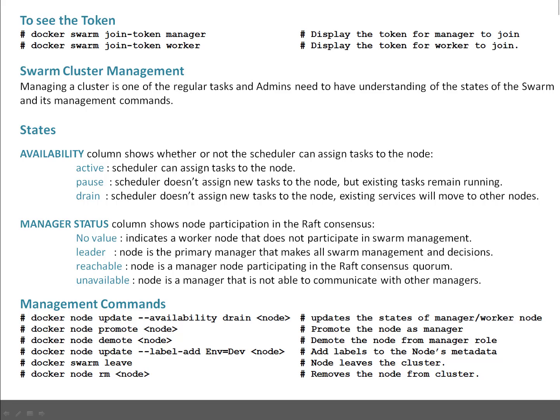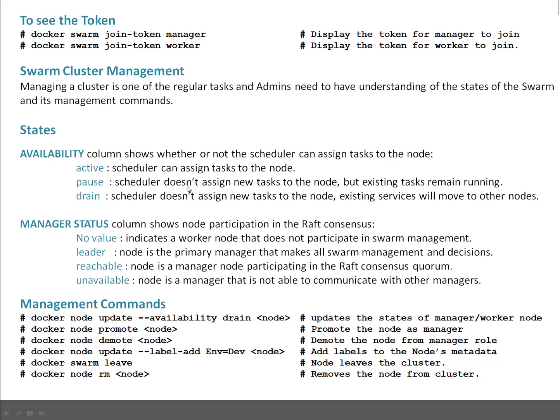So how can you do that? You can run docker swarm join-token manager. It will give you the token which would be used for a node to join as a manager. You can run docker swarm join-token worker. It will give you the token with which a worker can join the cluster.